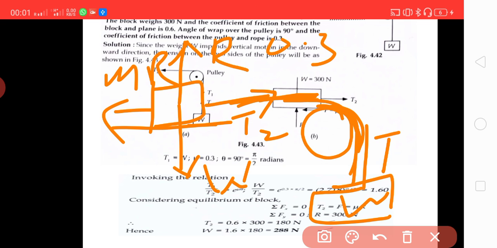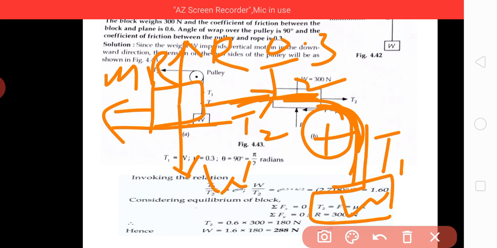So this is T1, this is T2, which is found out. Then T1 upon T2 equal to e to power mu theta by relation. T1 you can find out the exact value, T1 equal to W.